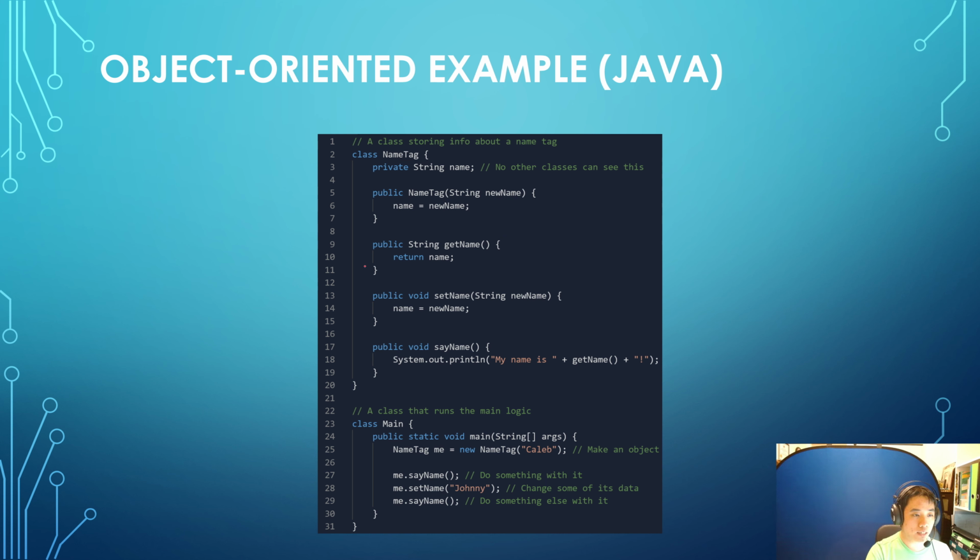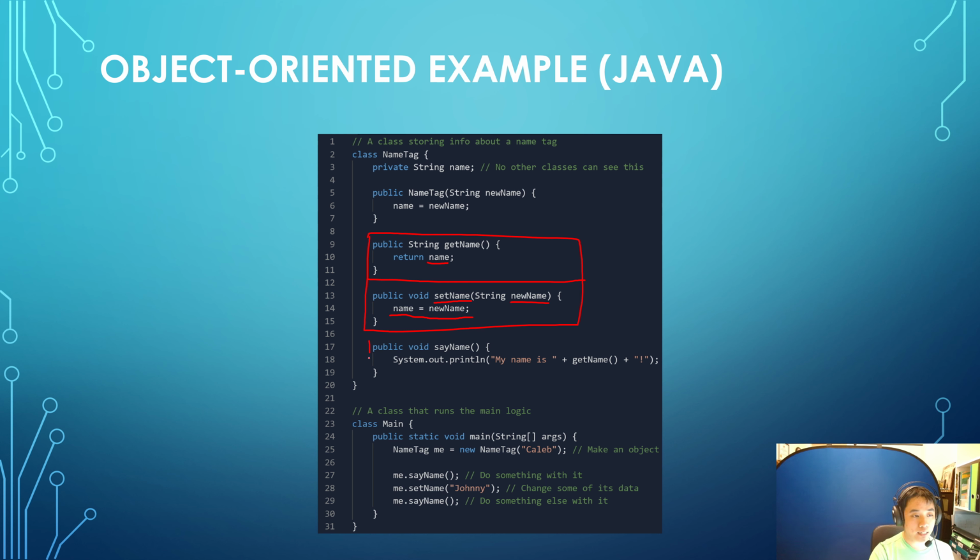Now we can also make methods like getters and setters here. The getter methods will return the value of a property, like in our case the name. The setter methods will change a property, like I want to change the name on the name tag, so I assign the name property, which is only available in this class, to the new name.